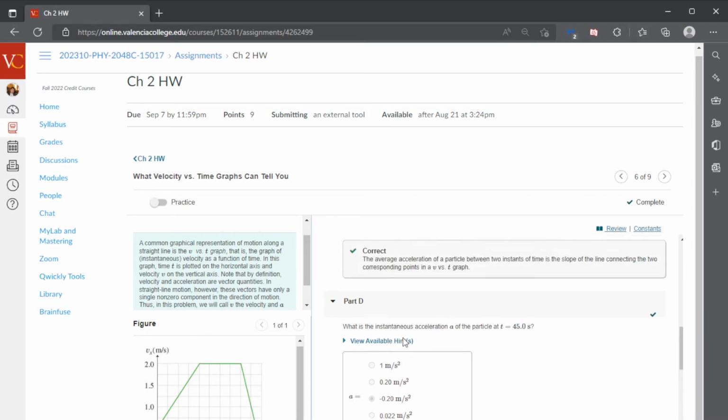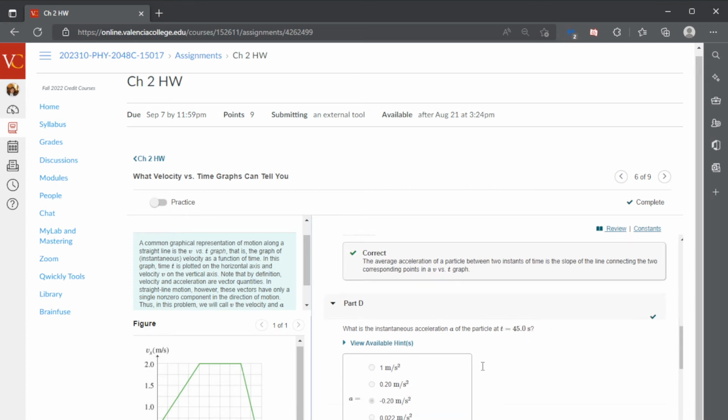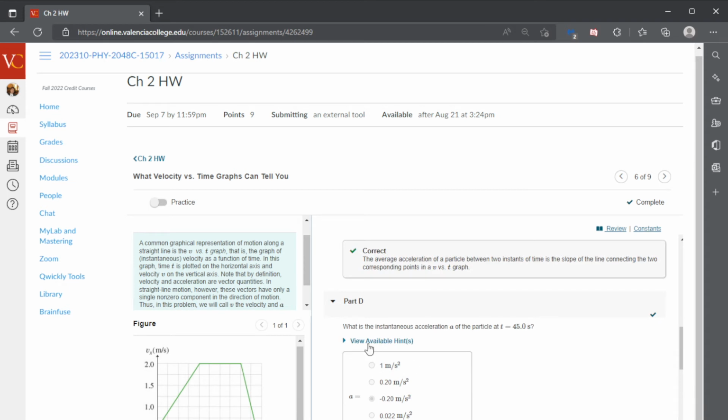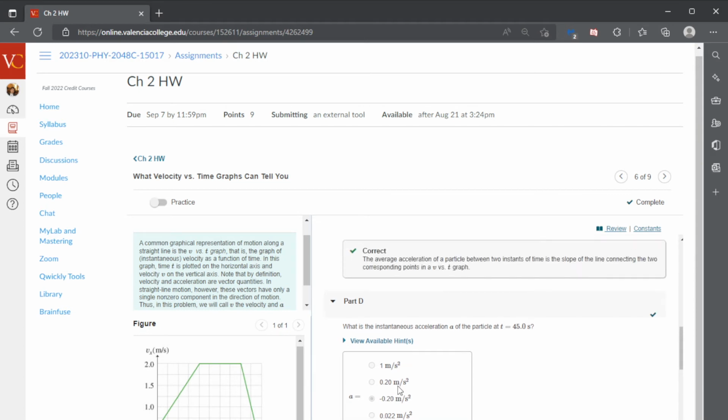D asks: what is the instantaneous acceleration a of the particle at time 45.0 seconds? So let's see here. 1 meter per second squared, 0.20 meters per second squared, minus 20 meters per second squared, 0.222 meters per second squared.